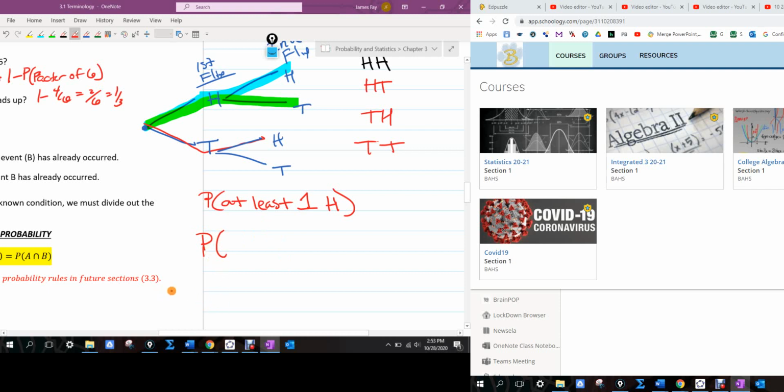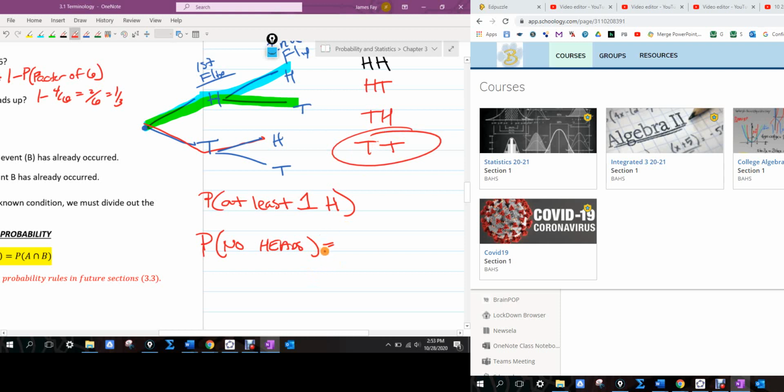If 1 is the bare minimum, the opposite of that would be none, right? Does that make sense? So what if I said the probability of no heads? What's that probability? That's the only one, right?